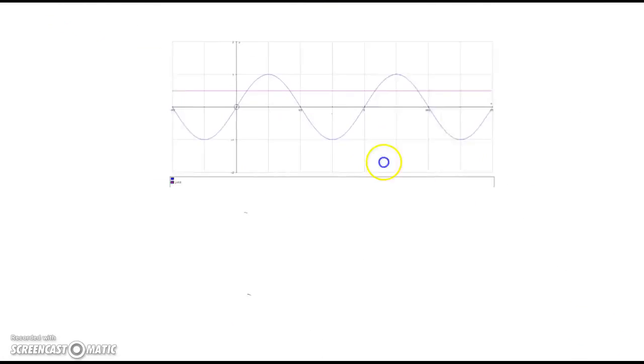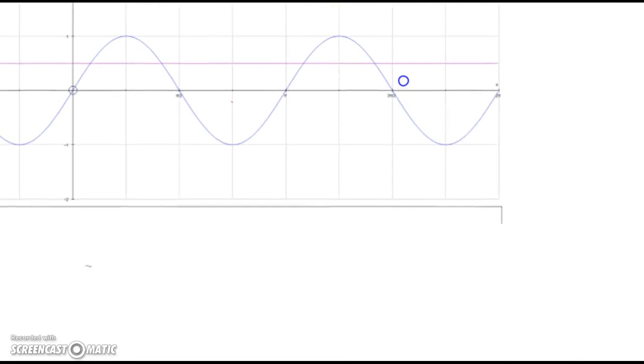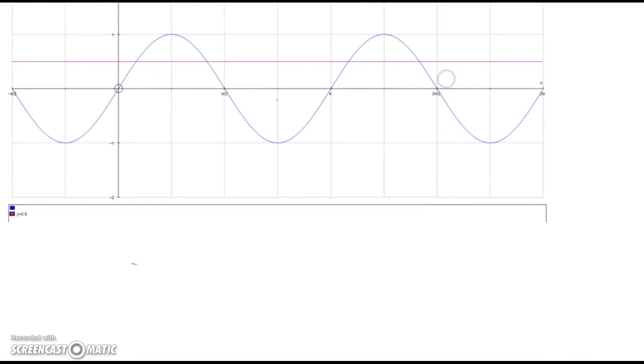Okay, let's have a look at our graph. This time, I have just drawn the graph of y equals sine 2x.